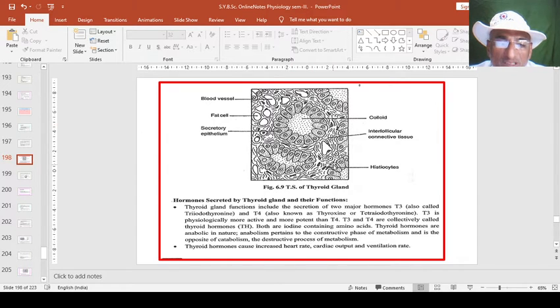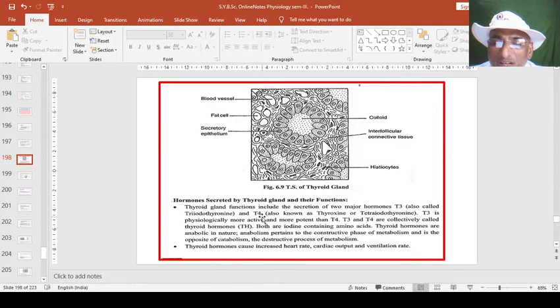So hormones which are secreted by thyroid gland and their functions are depicted here. So naturally the thyroid gland secretes the thyroxine hormone, and its functions include the secretion of two major hormones T3 and T4. So T3 is also called as triiodothyronine and T4 is also known as thyroxine or tetraiodothyronine.